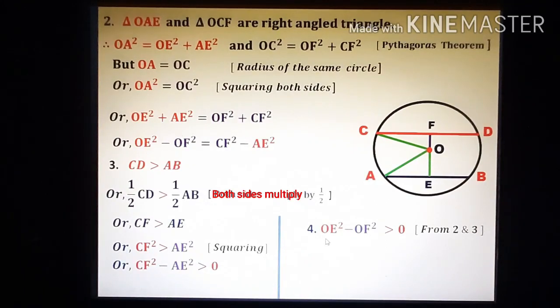So, as OE square minus OF square is greater than 0, now if you write OF square on the right side of the greater than sign, then minus OF becomes plus OF.